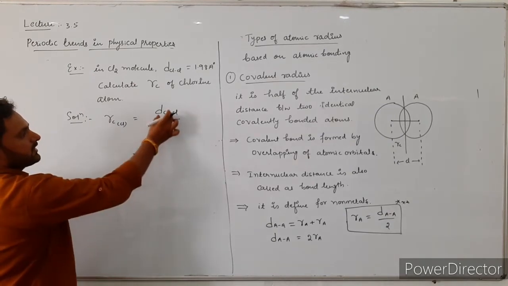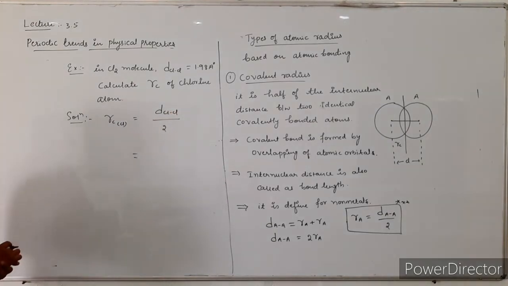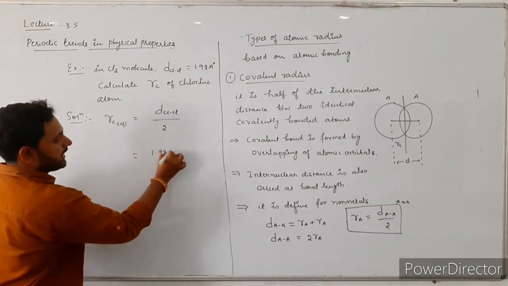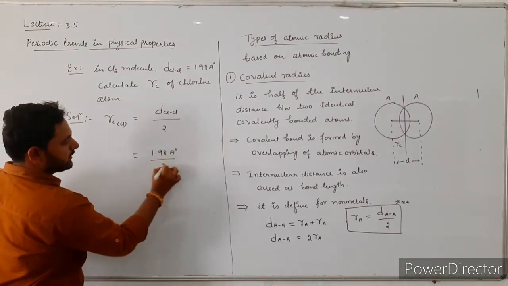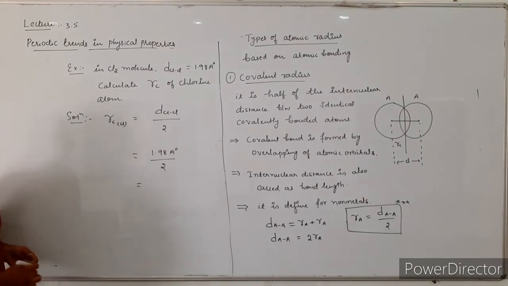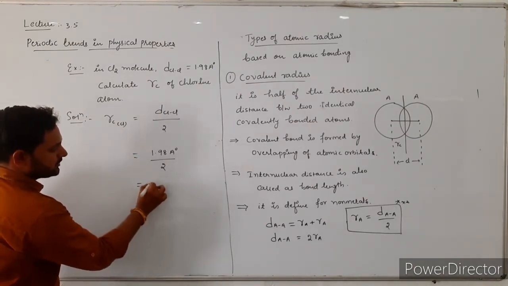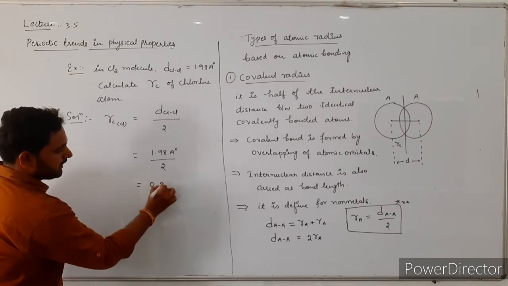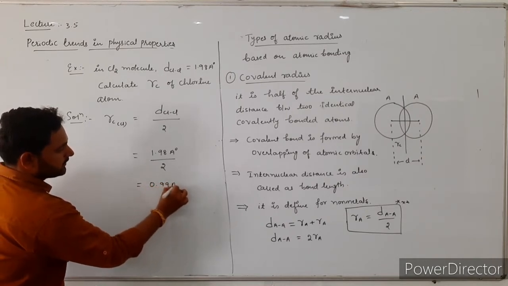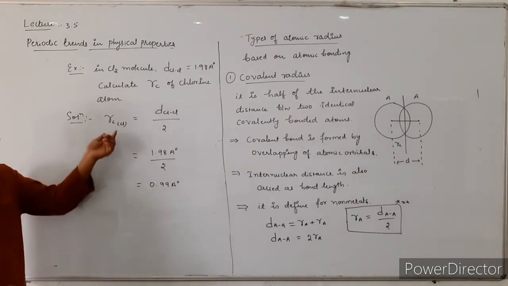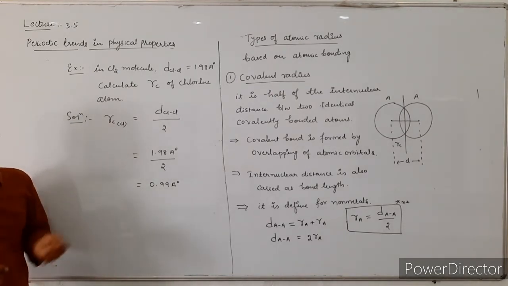The internuclear distance is 1.98 angstrom. Divide by 2. After calculation, we will get 0.99 angstrom. In this way, we have to calculate covalent radius of atoms.